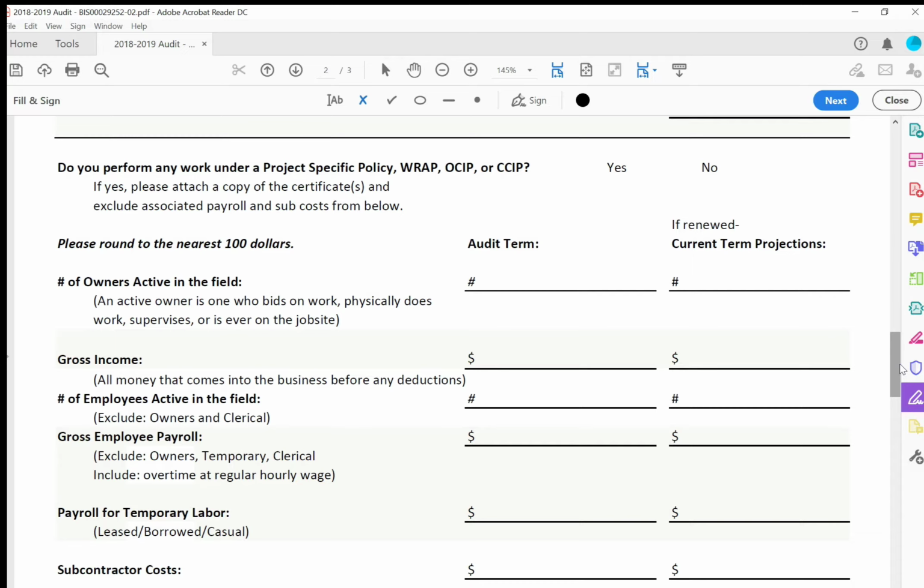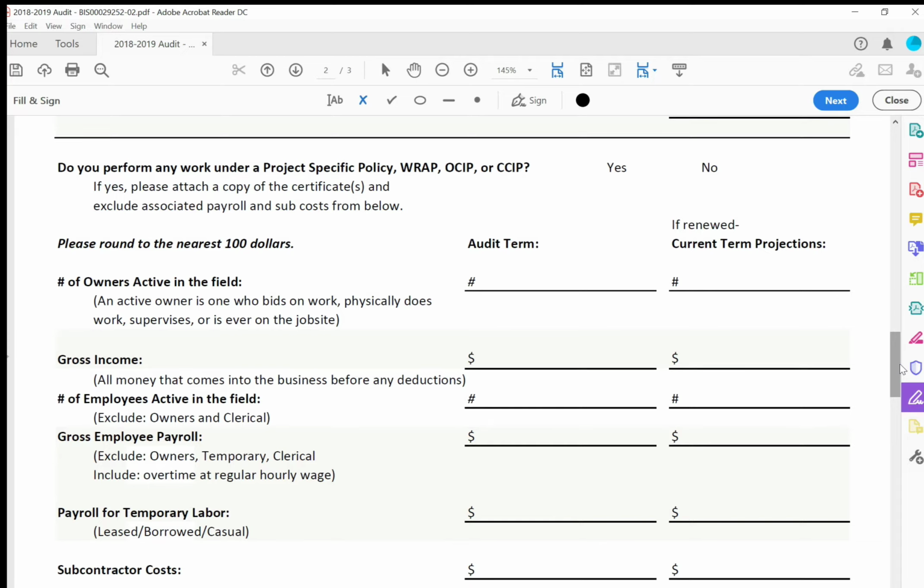Going down here to gross income, this is all gross money that comes into the company. So total gross sales. Sometimes your insurance company is going to base your policy on sales, payroll, and subcontractor costs, and then they're going to get basically what's called a blended rate, and they take that blended rate, and then at the end of your audit period, anything over or under that sales amount, they'll just base it off of sales with the blended rate usually, is how you're audited.